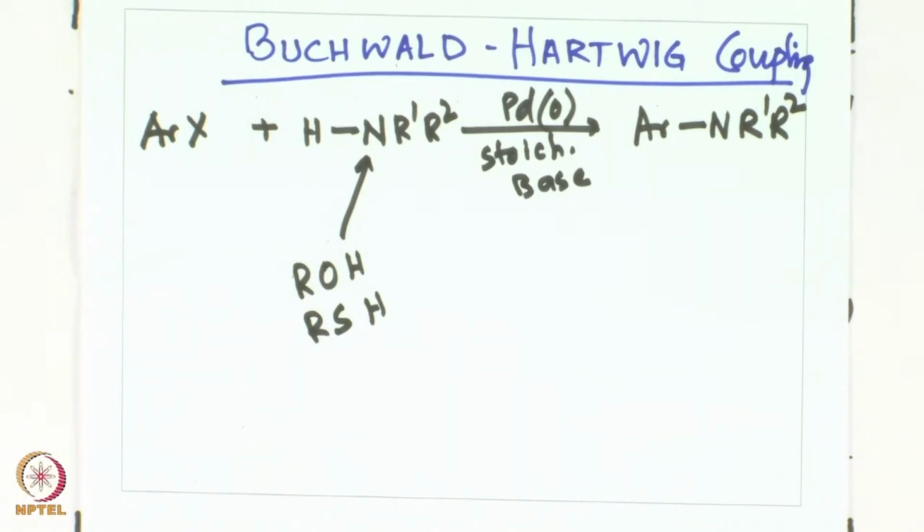In the last class we were discussing different aspects of the Heck reaction, for example, and we have seen quite a few interesting topics emerging from such Heck coupling reactions. In today's class, let us first look at the catalytic cycle involved for these palladium catalyzed carbon nitrogen bond formation reactions, and then we will discuss the role of ligand, or how the ligand is involved during the catalytic cycle.